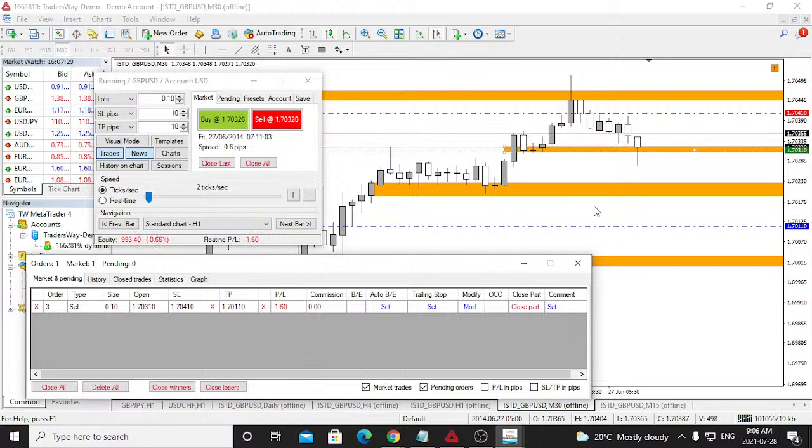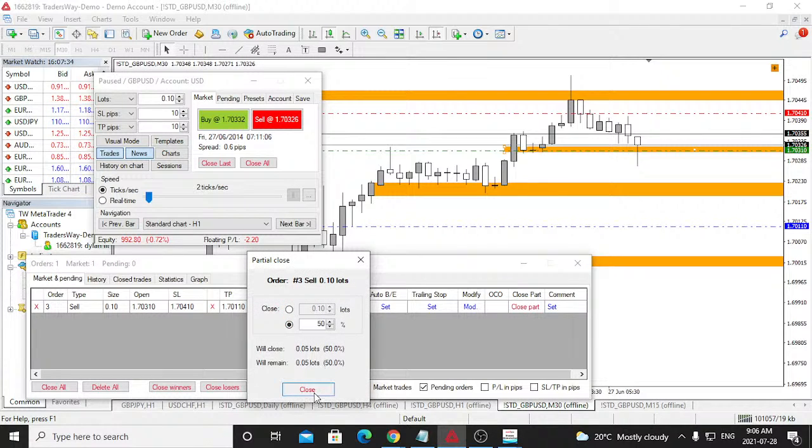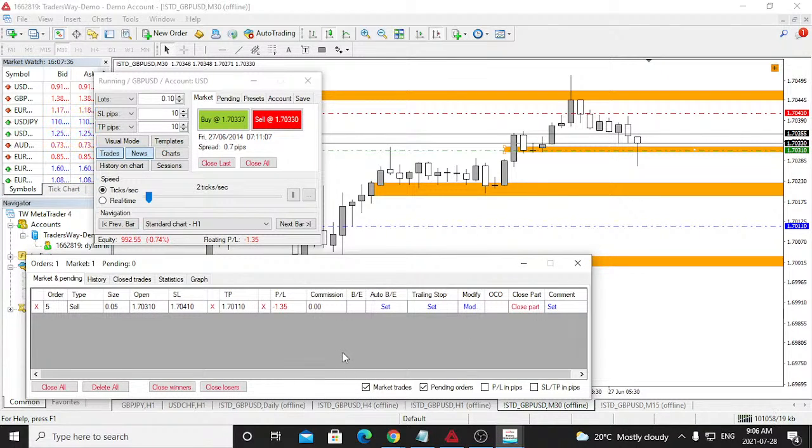So right here, as we retrace more, I'm just gonna close a partial, close at 50%, so that way we can't lose as much. And I think I might just close this entire position. But then again, we kind of want to learn, right?